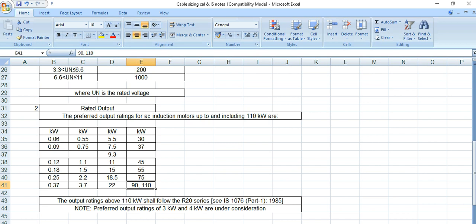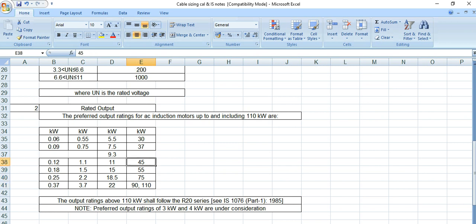These are the standard motor ratings which almost all low voltage motor manufacturers manufacture. Basically these are the rated nameplate kilowatt ratings.